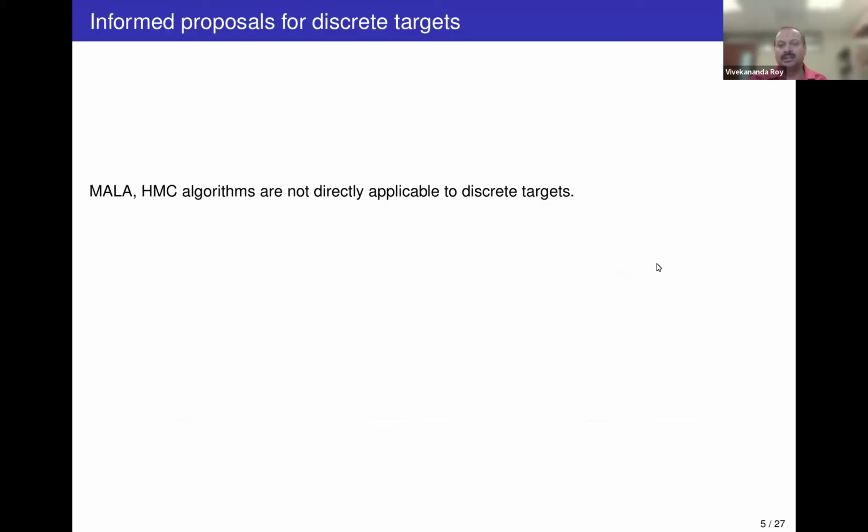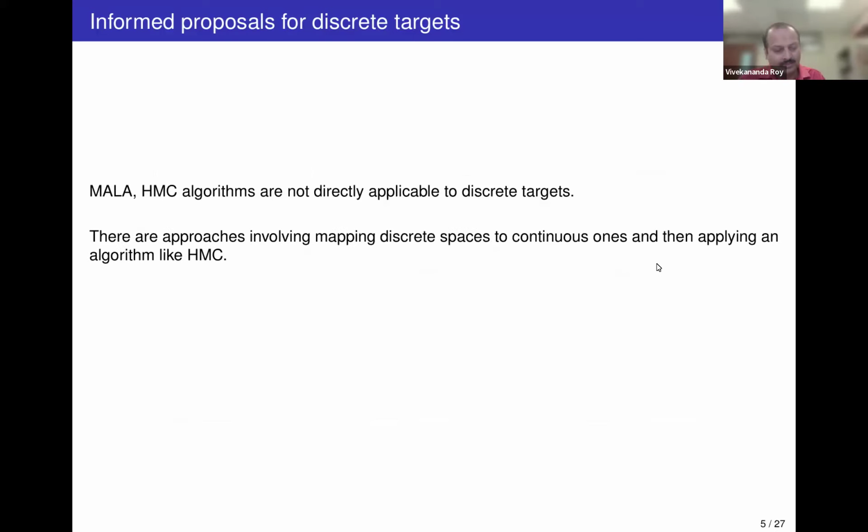Although there have been some attempts to embed a discrete target into a continuous space and then apply HMC and MALA, not the geometric algorithm. But that generally destroys the topological structure of the discrete target, and these methods are also not applicable all the time.